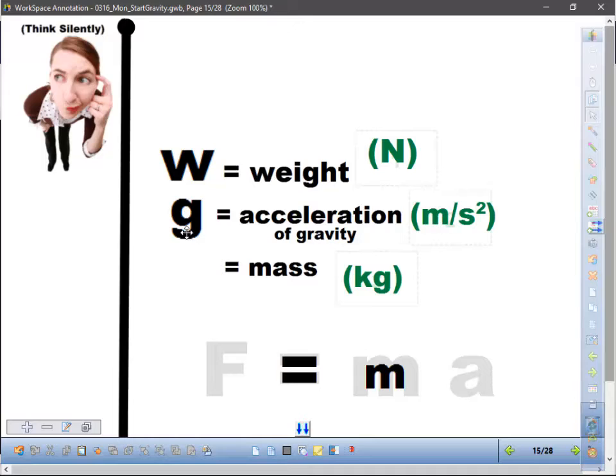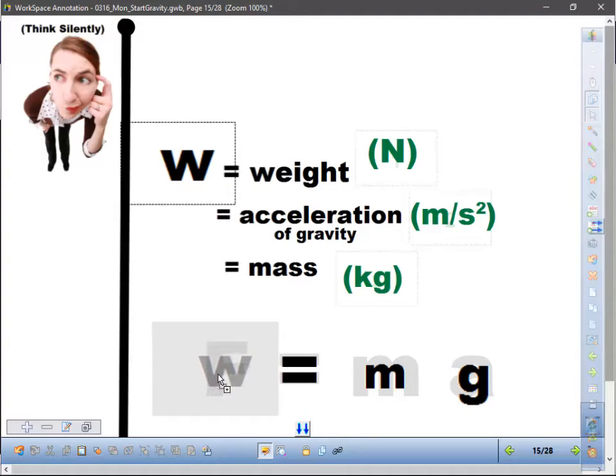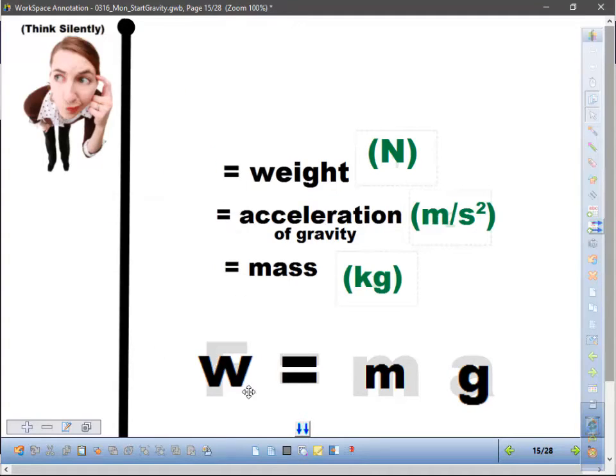Which of these two is the acceleration? Well, it's acceleration of gravity, g. And now, finally, the force is going to be W. So in this equation, the force is the weight, equals the mass times acceleration, little g. W equals mg. It just comes from Newton's second law.